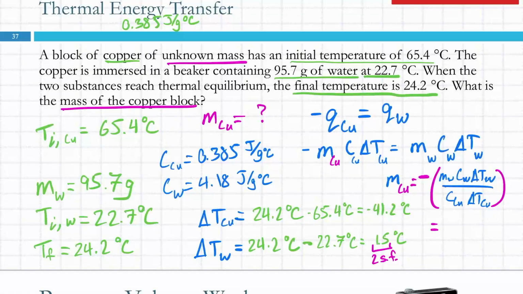And you should get a value of 37.8 grams, rounding for 2 sig figs, 38 grams of copper.